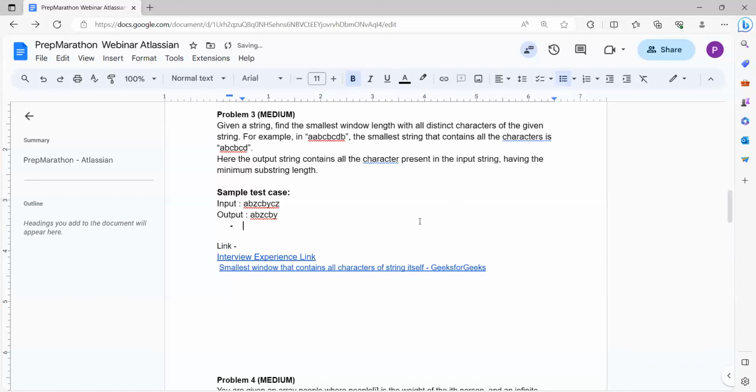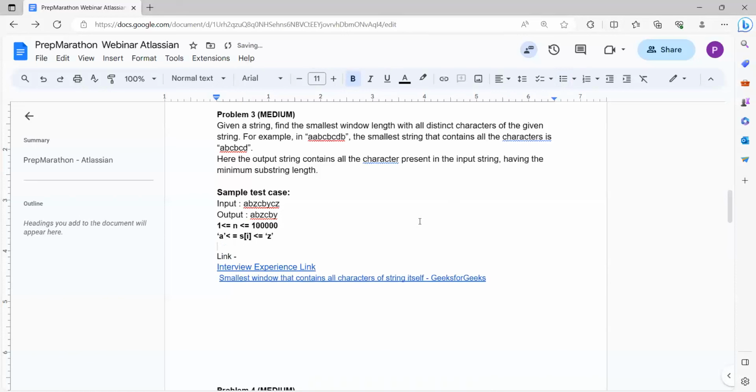Okay, first coming to the constraints of this, the constraints are good. So length of string can be up to 10 to the power 5, and it will have only alphabets from A to Z. So there can be 26 characters, and if we use your approach, Meghna, like getting all permutations, the time complexity is n factorial.